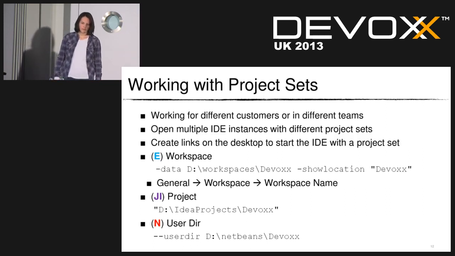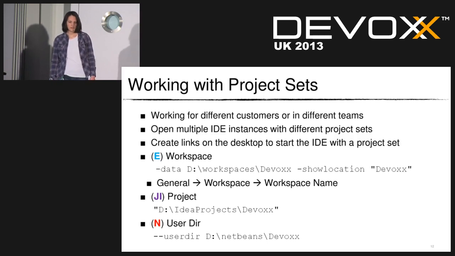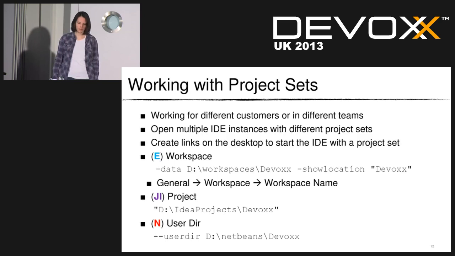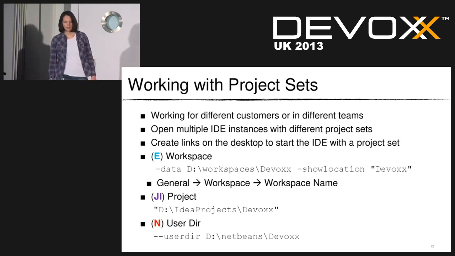For Eclipse, we have a workspace, and we can do it by grabbing a link for Eclipse on the desktop and adding the -data parameter to the link location, where we can put in the path to our workspace. And we can also use -showlocation to have a name in the window.